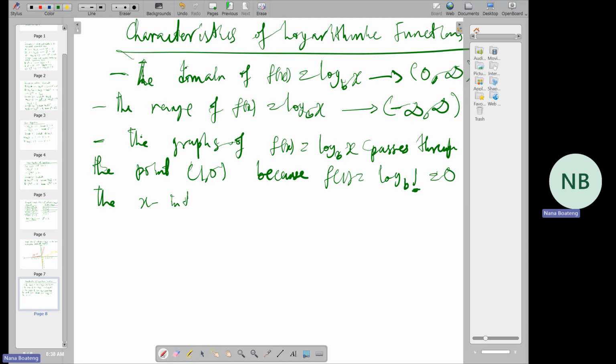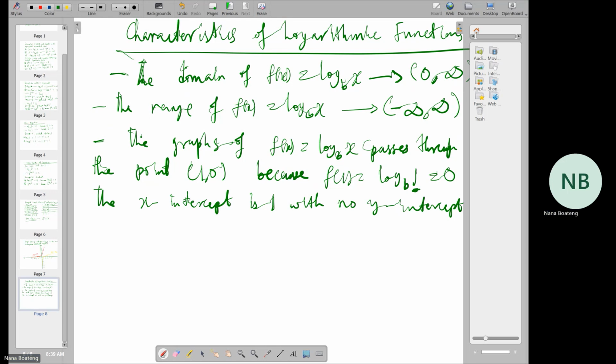So when y equals 0, x is equal to 1. So the x-intercept is 1, and there is no y-intercept.